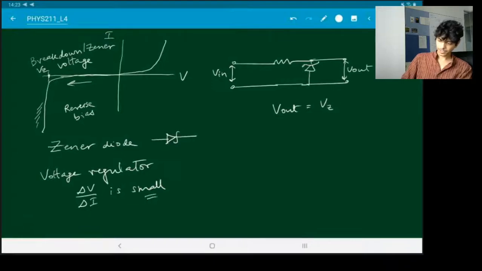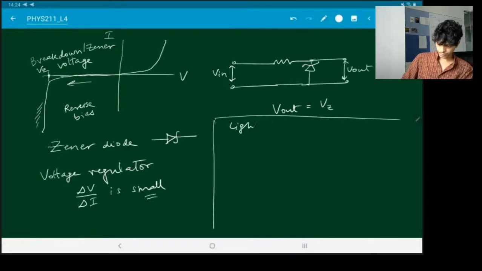There are lots of other special kinds of diodes also that one can talk about. We will not discuss them in this course, but you can read more about them in the literature. For instance, you have light emitting diodes, or what we call LEDs. There are photodiodes whose output will depend on the amount of light shining on it.